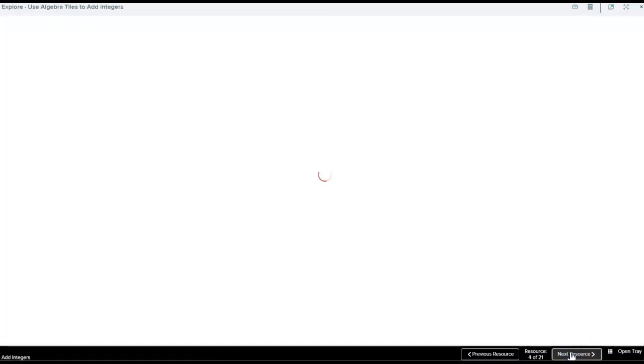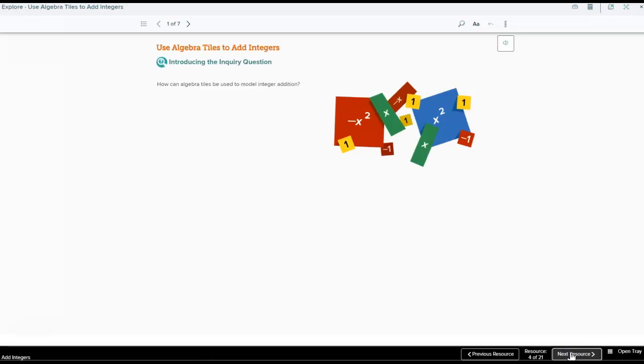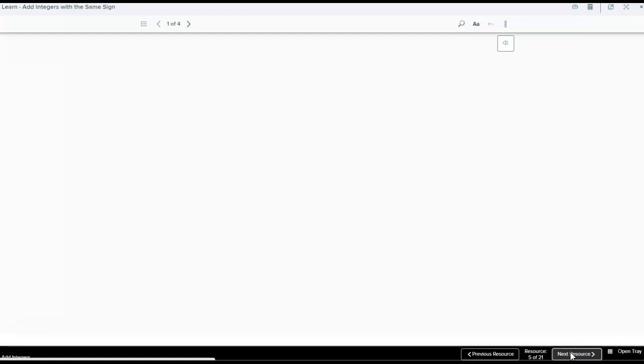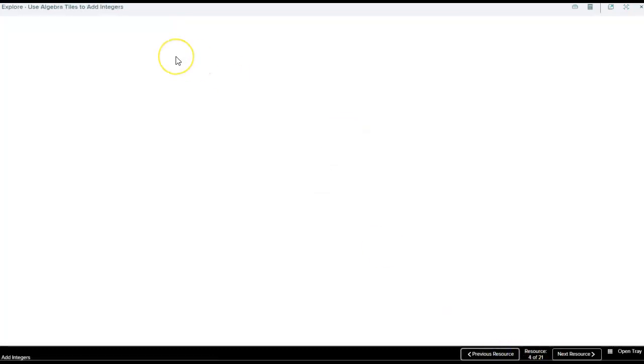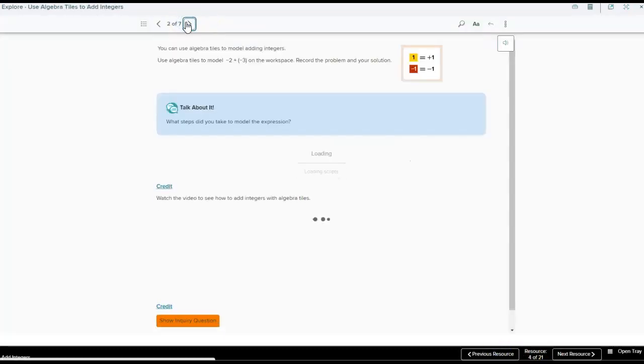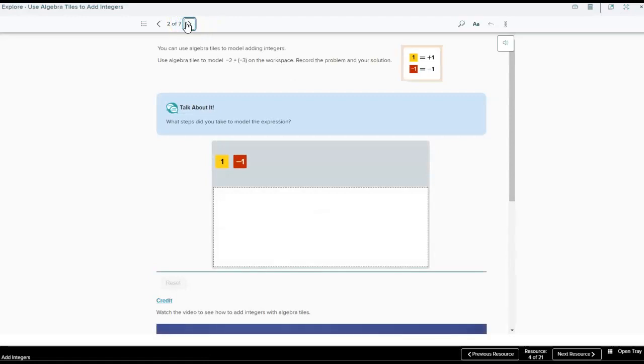We are going to look at how we can use algebra tiles to model integer addition. If you don't know what algebra tiles are, we're going to look at those right now. If we want to use algebra tiles to model adding integers, we're going to use these yellow tiles to be a positive integer, and the red is going to be a negative 1.